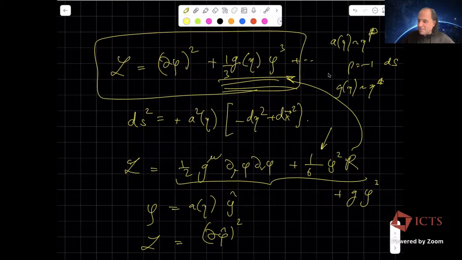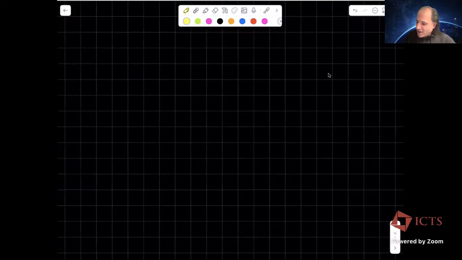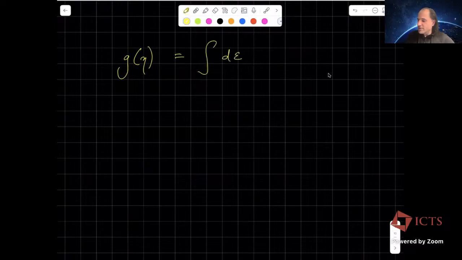Well, this is very simple to deal with because we can always Fourier represent these couplings. Okay, so let me Fourier represent these g of etas as the integral over, let me call them d omega, e to the I omega eta times some g tilde of omega.